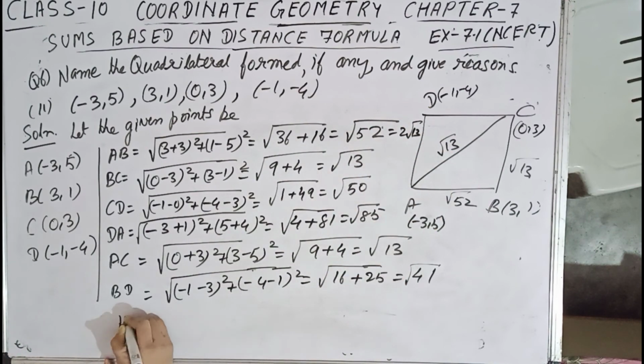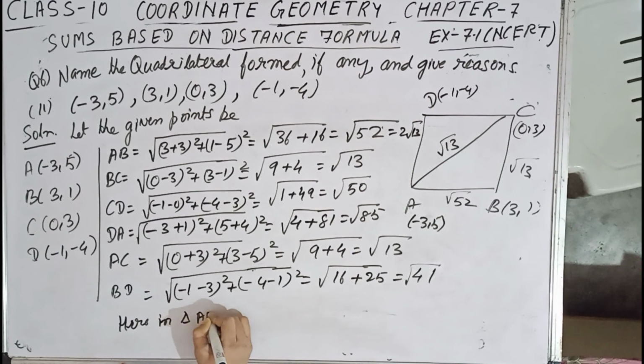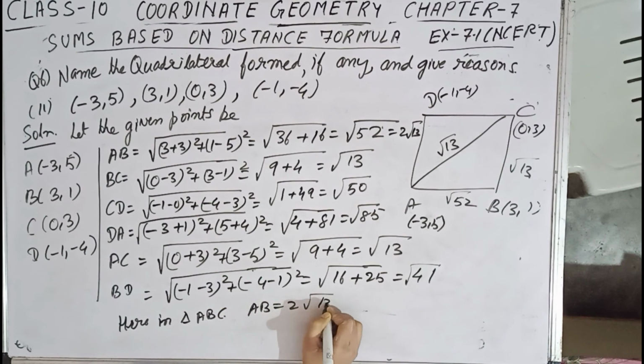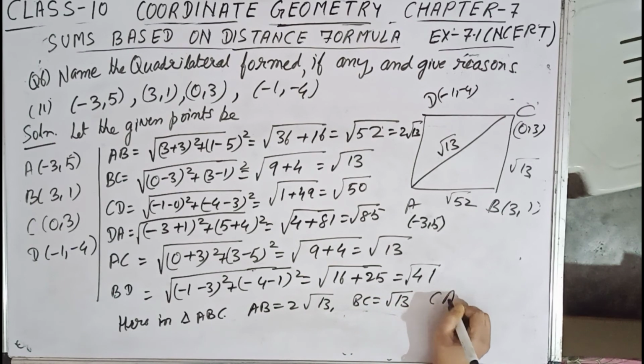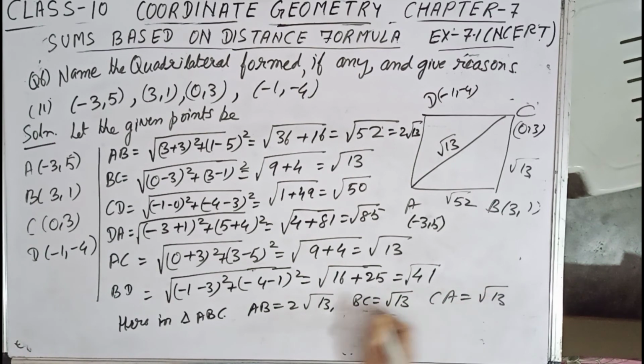So here in triangle ABC, AB equals 2 root 13, BC is equal to root 13 and CA equals root 13.